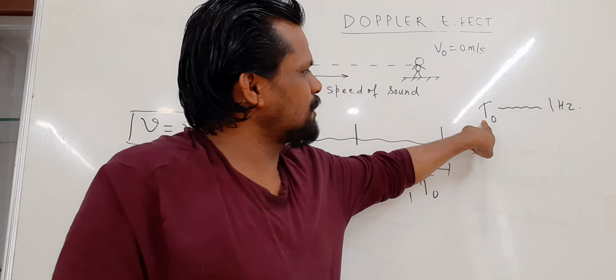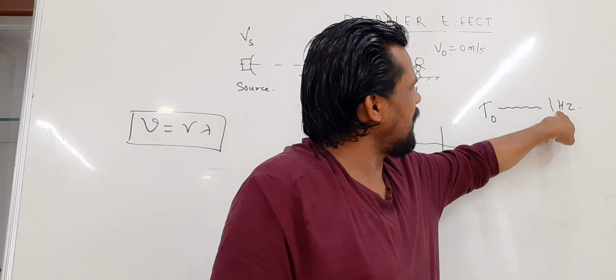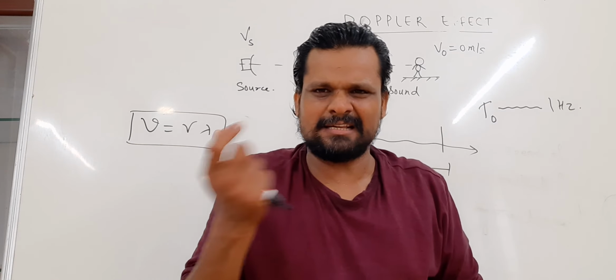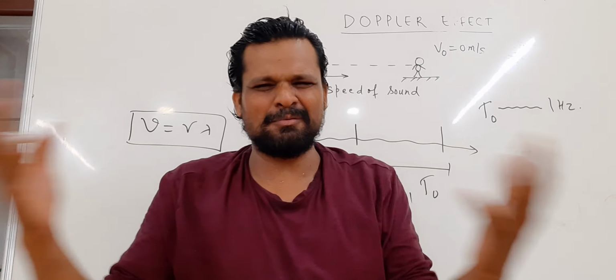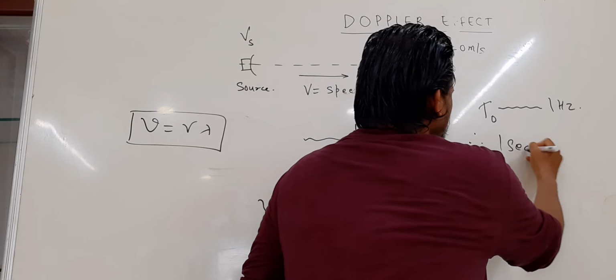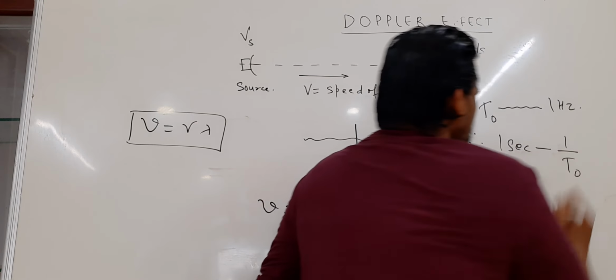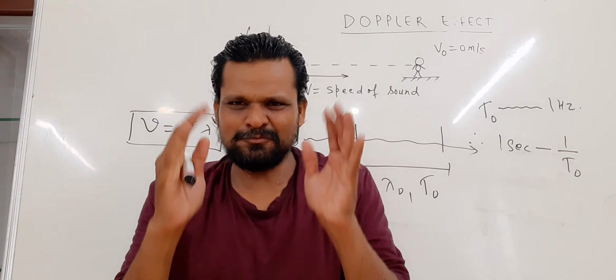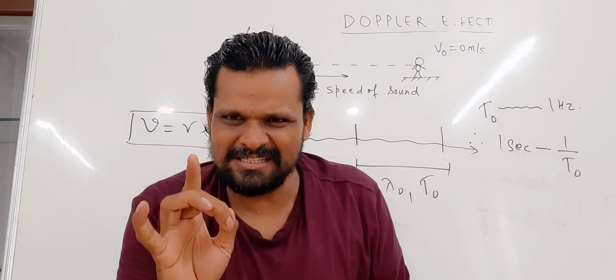In time period T naught, it creates one oscillation. And hence in 1 second it creates 1 by T naught.